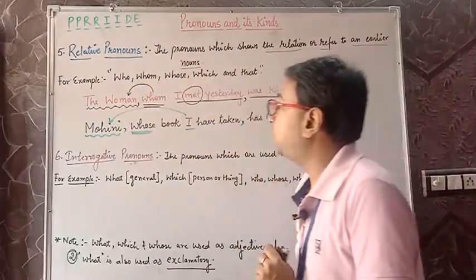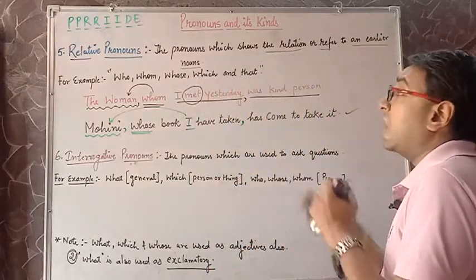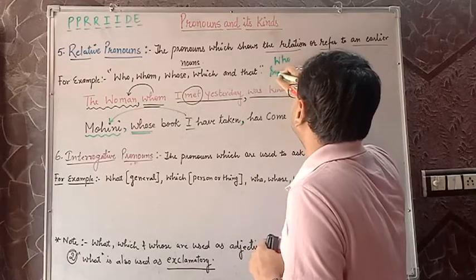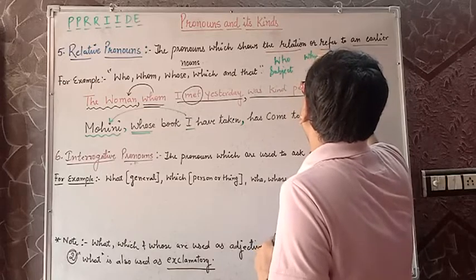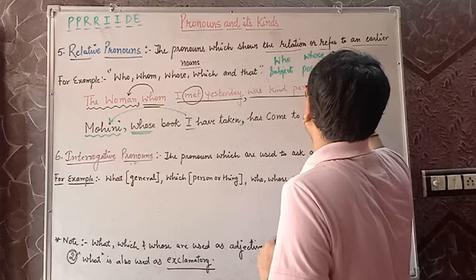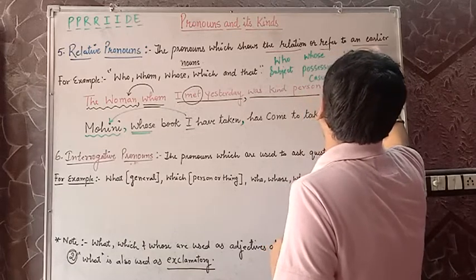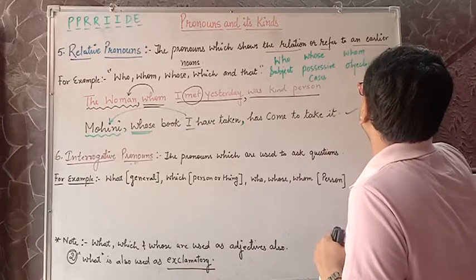Now understand the important difference, where you will be using who, whom, whose. For example, who is always used for subjective cases. Whose is always used for possessive cases. And whom is used for objective cases.